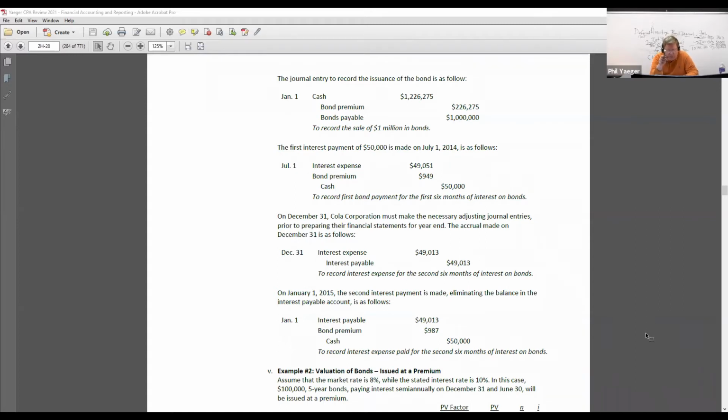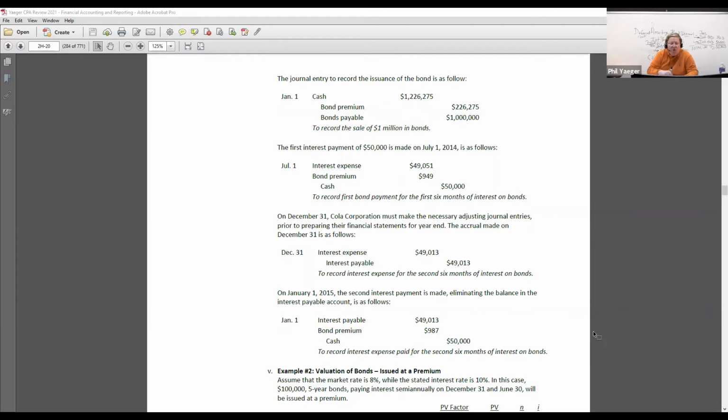Okay, so let's look at this one. First of all, the first item, 50,000, 49,051, 949, that's the interest payment on July 1st. You see that? All right, write down July 1st. Now, the 49,013 is the accrual because the second payment is made on what date?